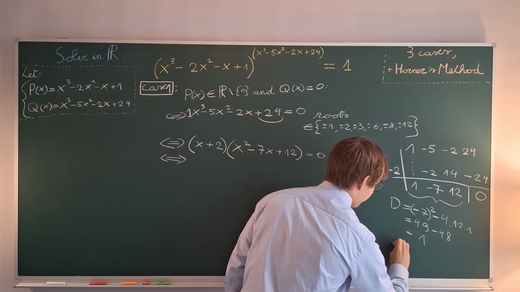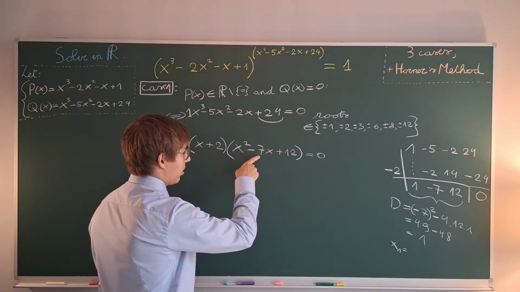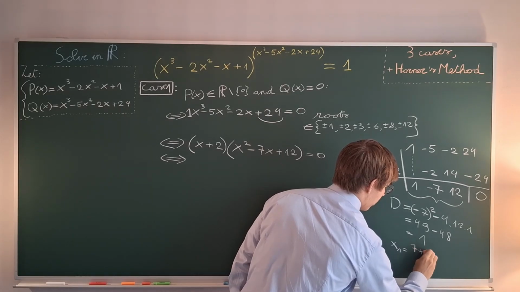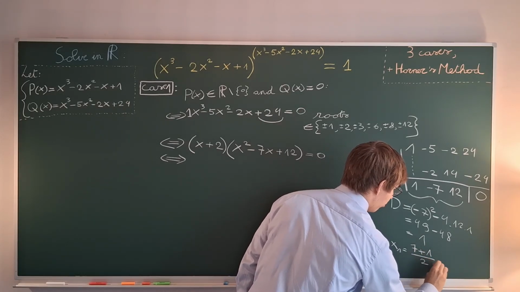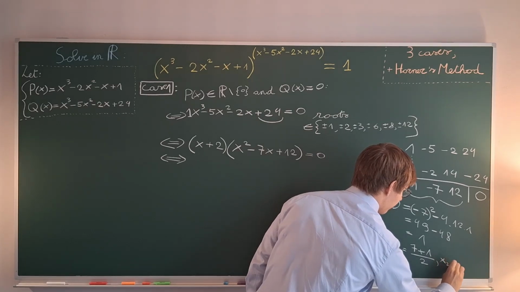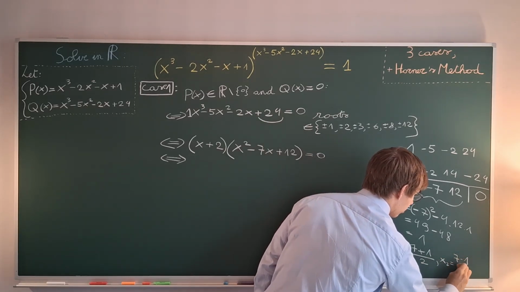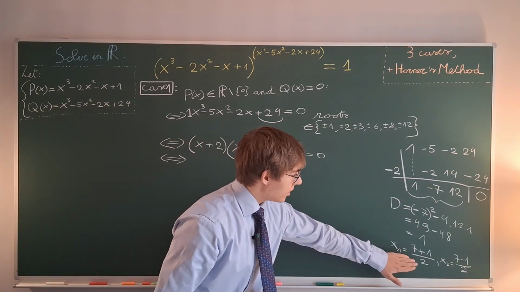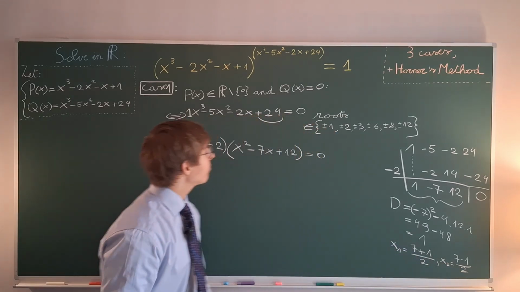So x1 is equal to minus b, which is 7, plus the root of 1, which is 1, over 2, and x2 is equal to 7 minus 1 over 2. So that is 8 over 2, which is 4, and 3.